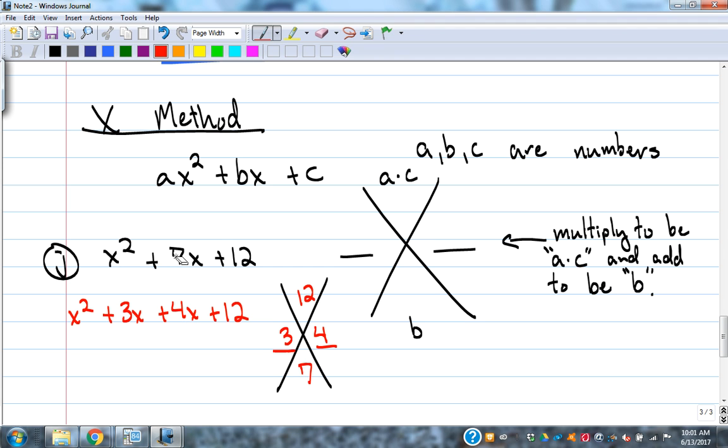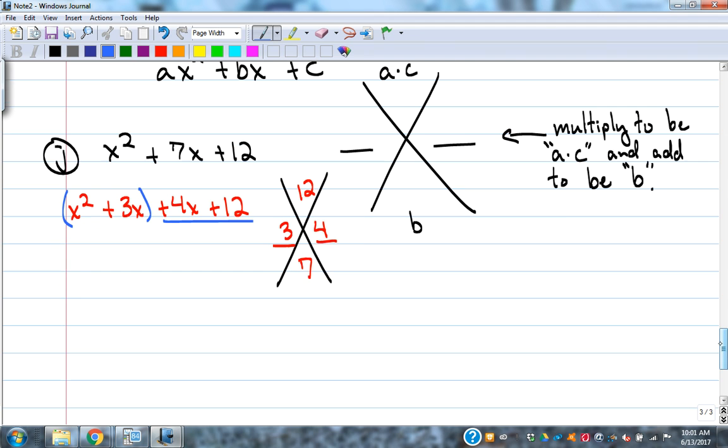Once we've done that, we're back to grouping. First two together, second two together. What's the GCF of the first two? X. That leaves x plus 3. What's the GCF of the second two? 4. Positive 4. That leaves x plus 3. What do you know? Matching parentheses.